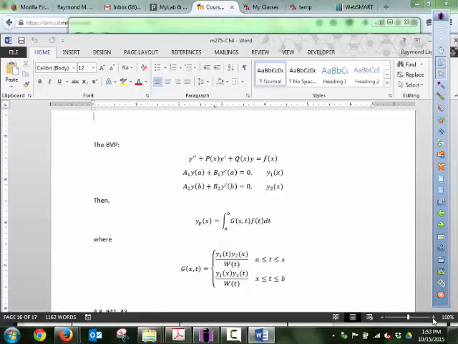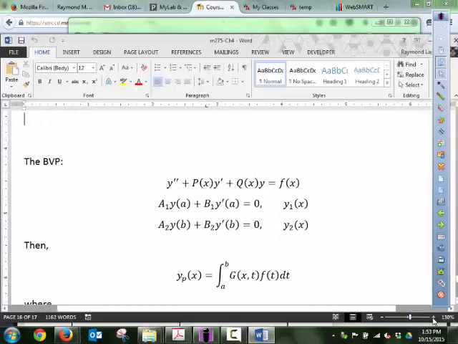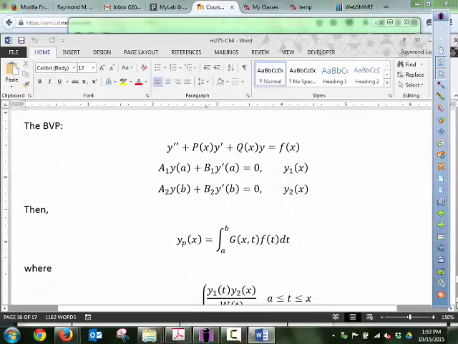So for a boundary value problem, we have a slightly different Green's function set up. And the boundary value problem has two possible x values.